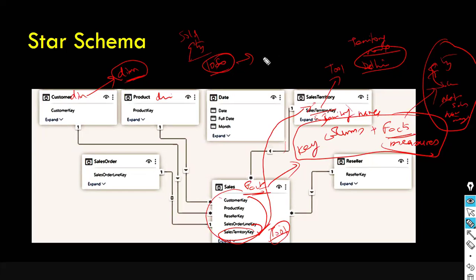So to provide additional context, we need to have the dimension table. Dimension tables give the descriptive information about these facts. The sold quantity is a fact, right? To give the context, you say, in this case, the territory table got linked with this one. In Delhi, the total sold quantity was 1080. Now it gives better clarity, right?